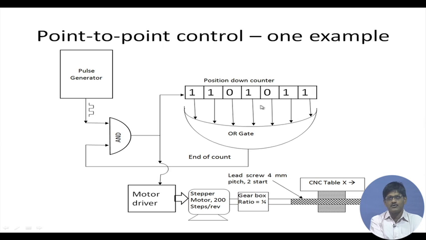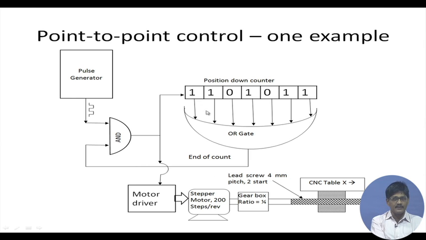Once this becomes 0, this particular output becomes 0 and it stops further pulses from the pulse generator from coming here and reaching the stepper motor controls.